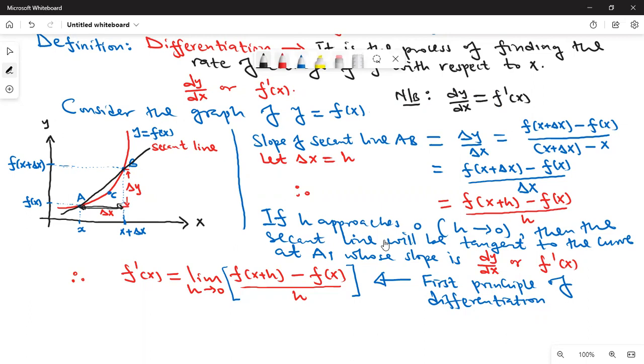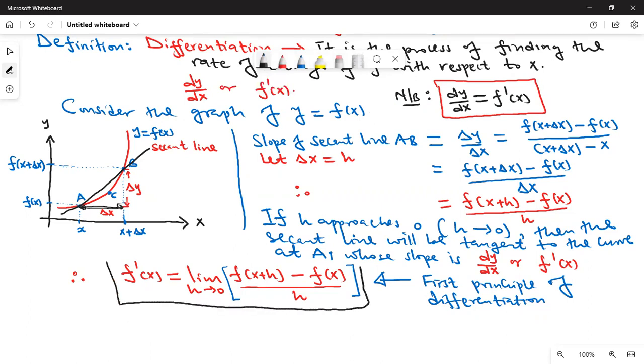They're the same thing, and they mean the rate of change of that function with respect to the independent variable x. So that process of finding that rate of change is what we are calling differentiation. And this formula for f prime of x is called the first principle of differentiation.